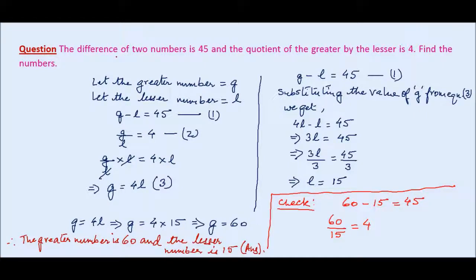Always remember that you will be having two statements. They can be two separate statements or they can be two different parts of the same statement, like in this question. We are having two different parts joined by this word, and we will be getting one equation from each of these two parts.